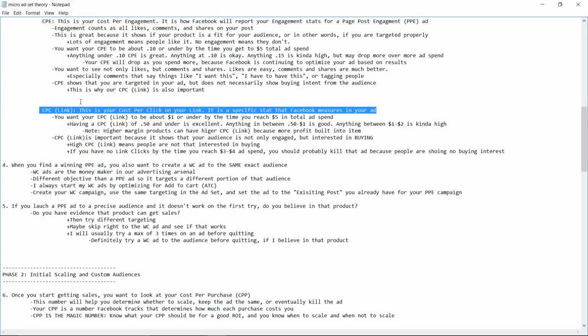Assuming you're not just running some type of general awareness ad, you're always going to have a link in your ad that goes to your store, your website, your product page, or your landing page, wherever you're sending those interested people.